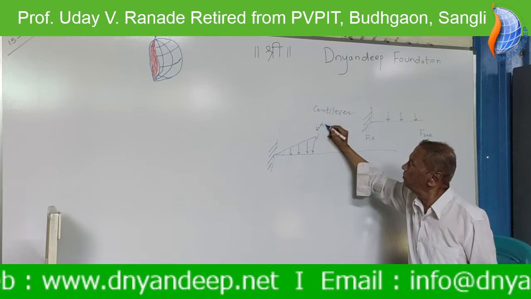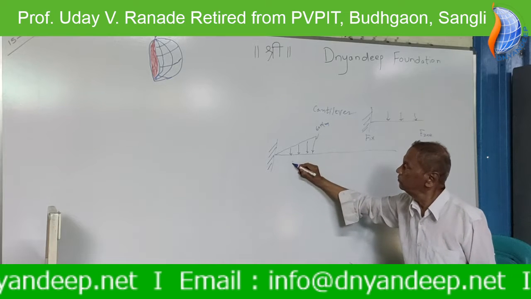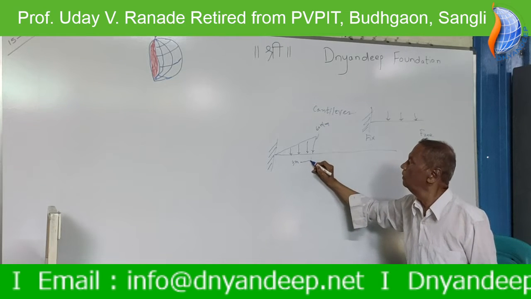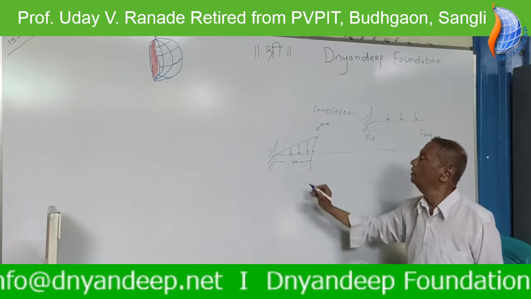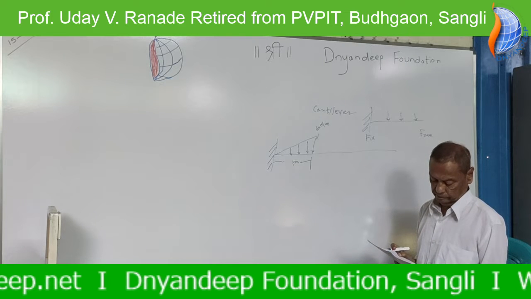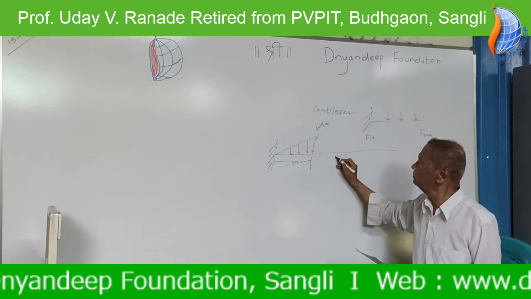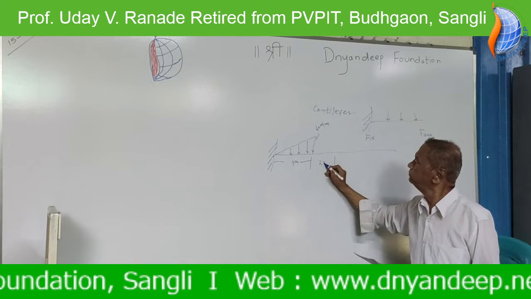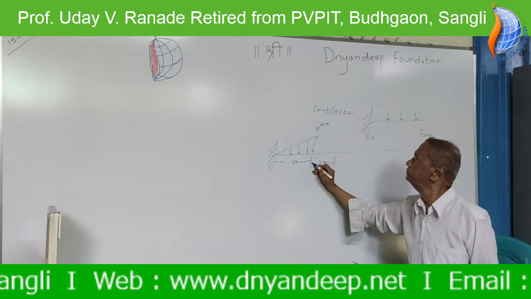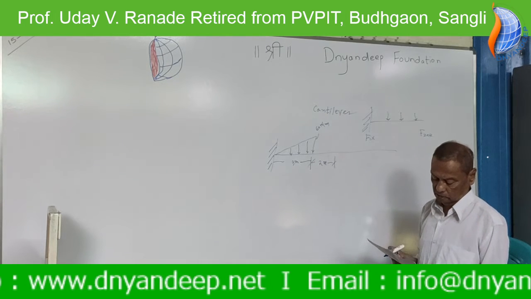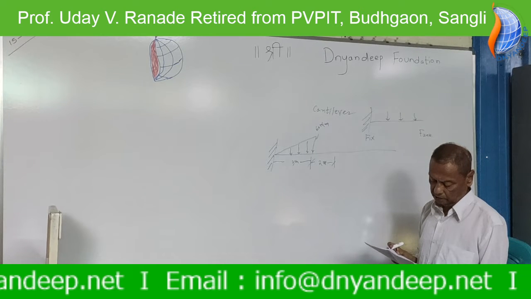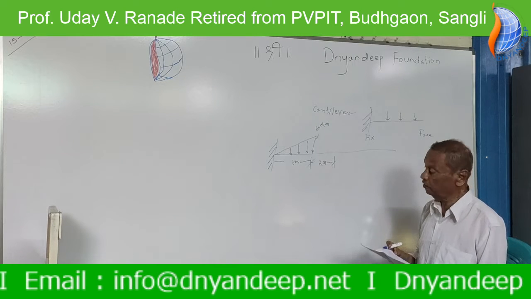60 Newton per meter, 3 meters. At 2 meter, inclined load at 30 degrees, 20 Newton.